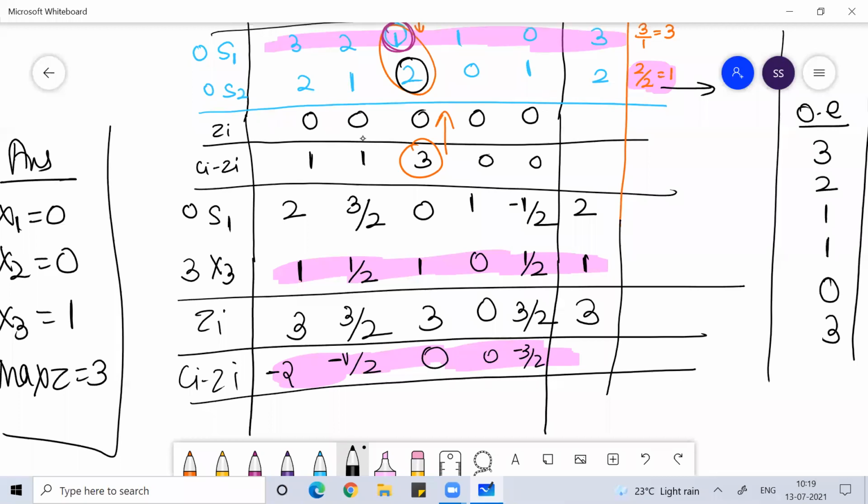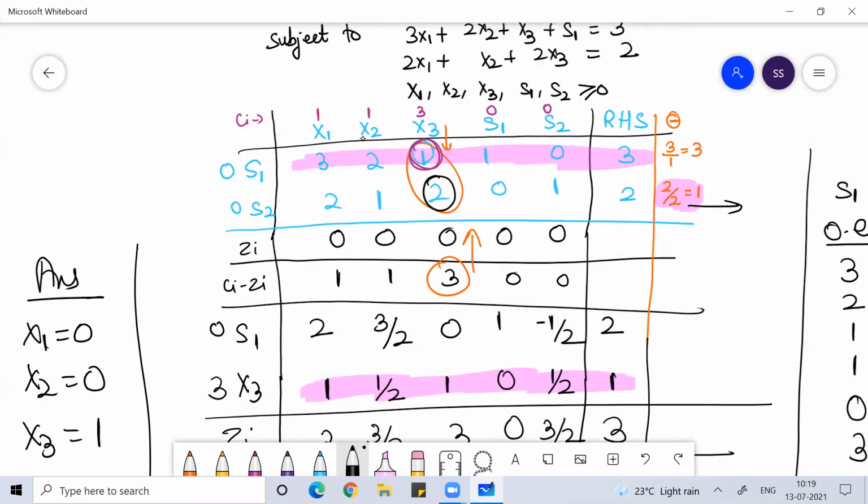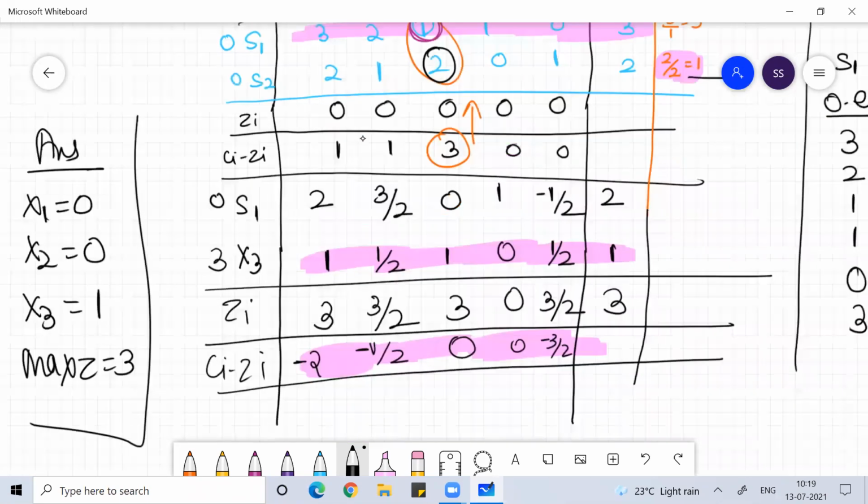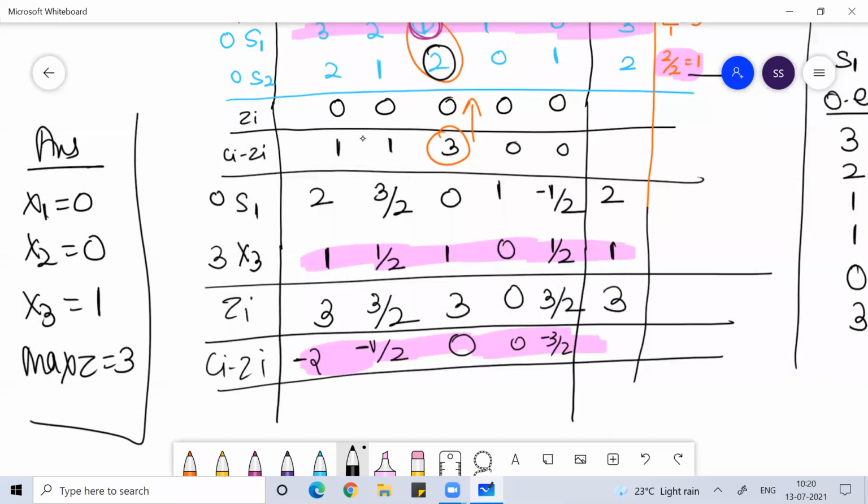It was very strange to observe that I simply replaced S2 by X3. Only one time I followed the iteration table, and after this iteration table I'm getting all 0 and negative. It means I got the feasible solution.